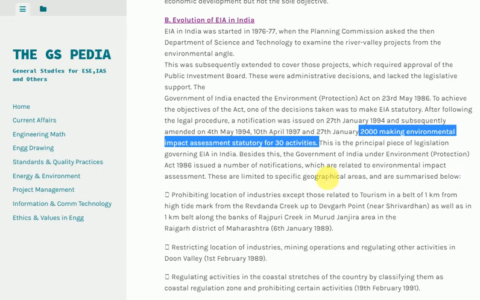Besides this, the Government of India under the Environment Protection Act 1986 issued a number of notifications which are related to environmental impact assessment. These are limited to specific geographical areas, and are summarized below.